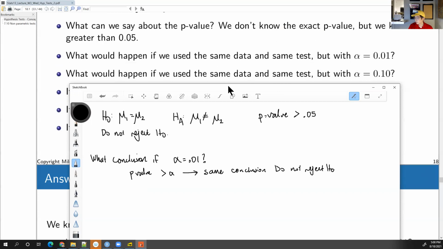Okay. What would happen if alpha were 10%? If alpha were 10%, the answer is we don't know. The p-value may or may not be greater than 10%.